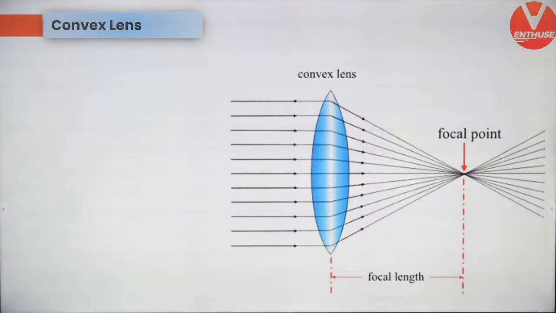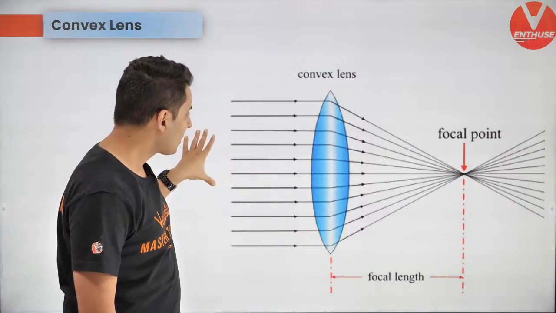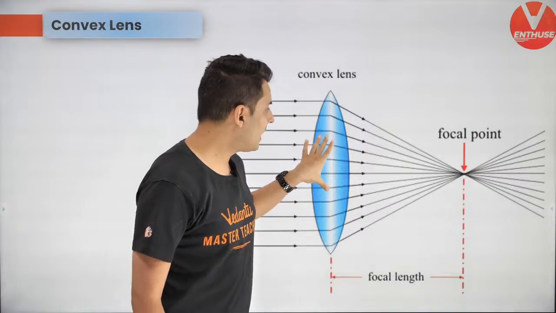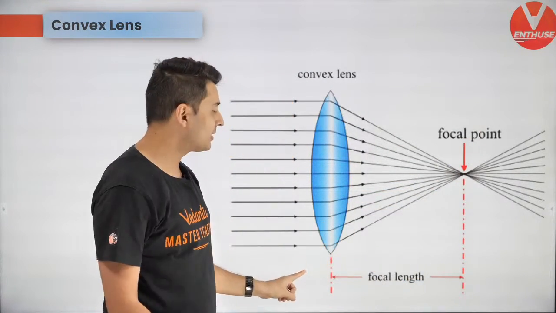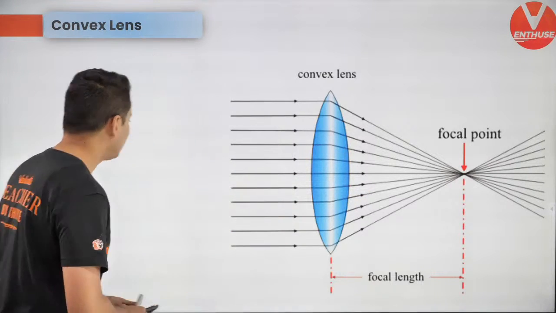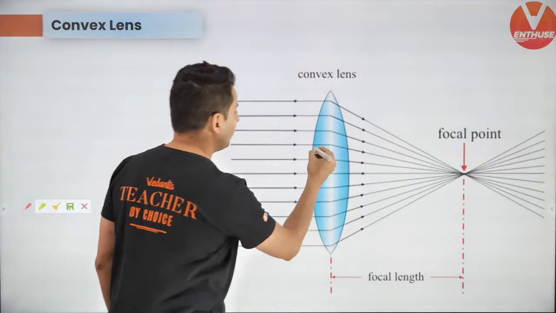Now, like I was saying, for convex lens, let's talk about it first. All the rays, when they enter parallelly, meet at this point, which is the focal point. The focal length is positive, keep this in mind. And there are two radii of curvature. Let me draw that for you.